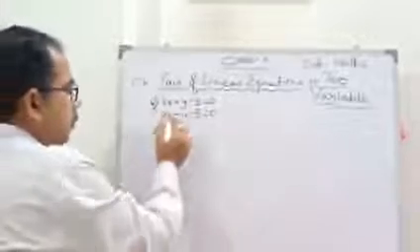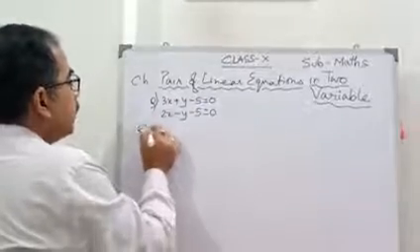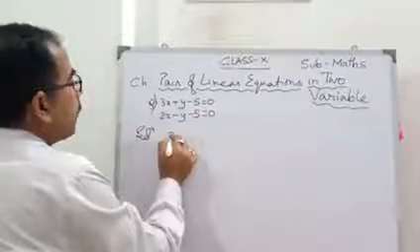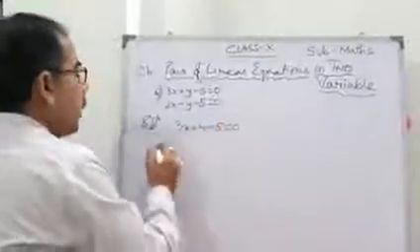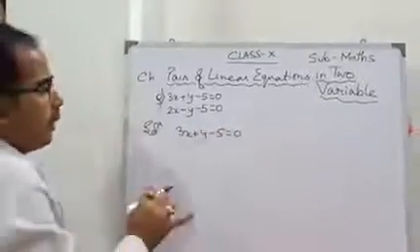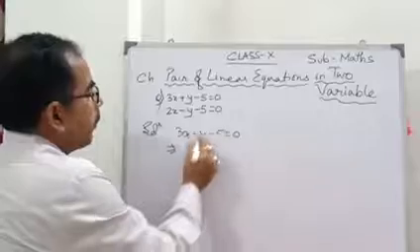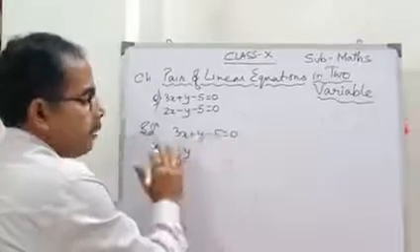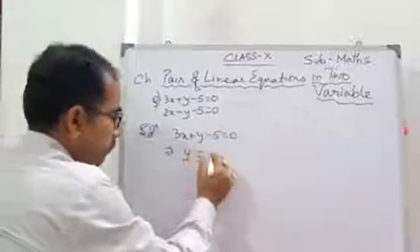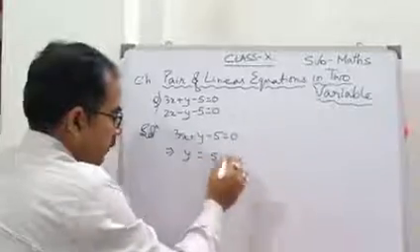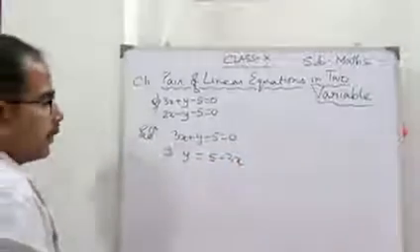So, the solution. Suppose you take the first equation, 3x plus y minus 5 equals 0. We know very well what we are doing: we take y on one side and x on the other side, that is y equals 5 minus 3x. Correct?